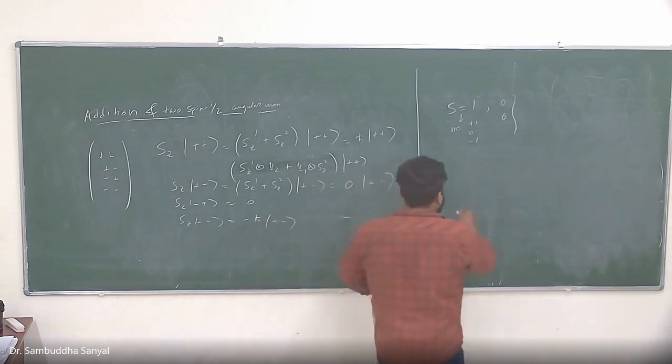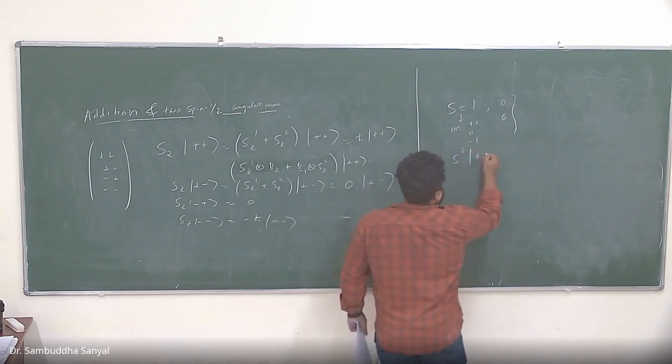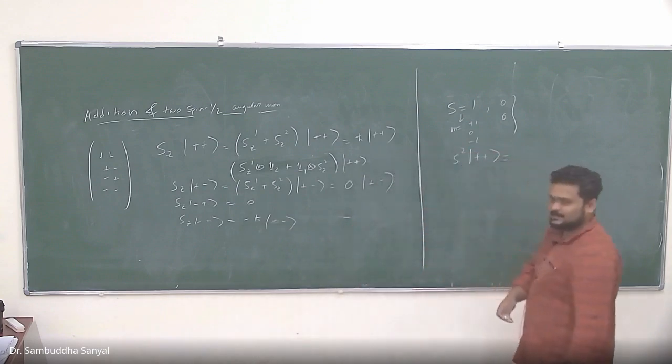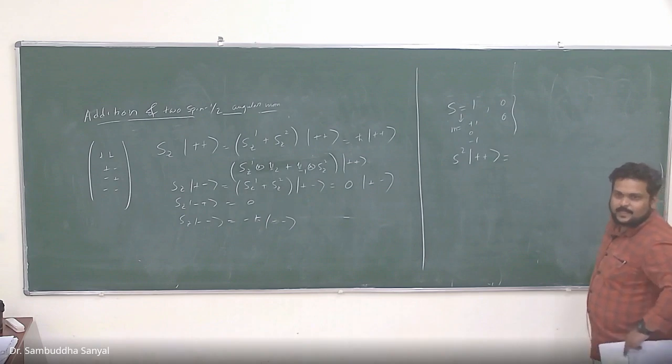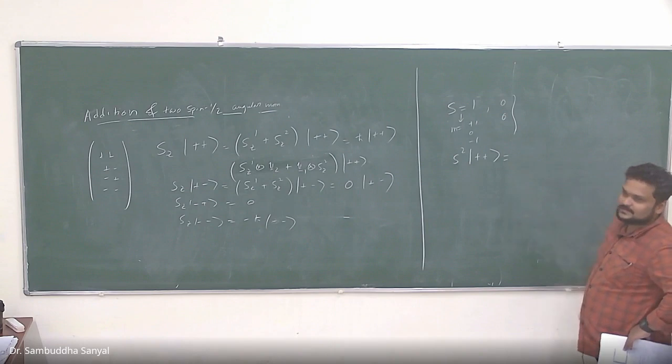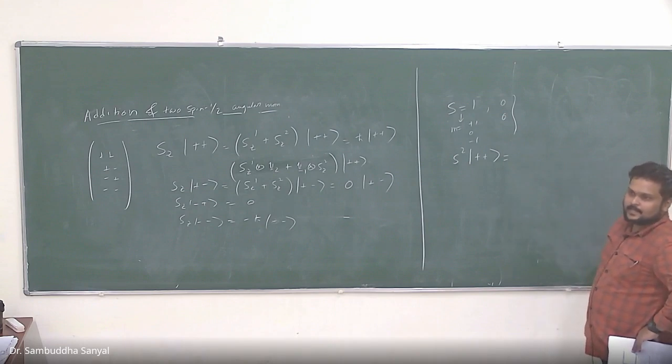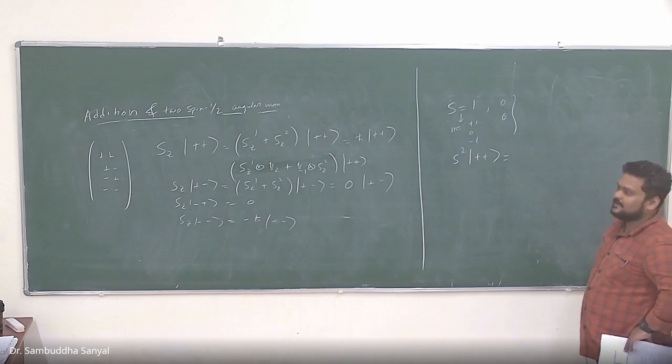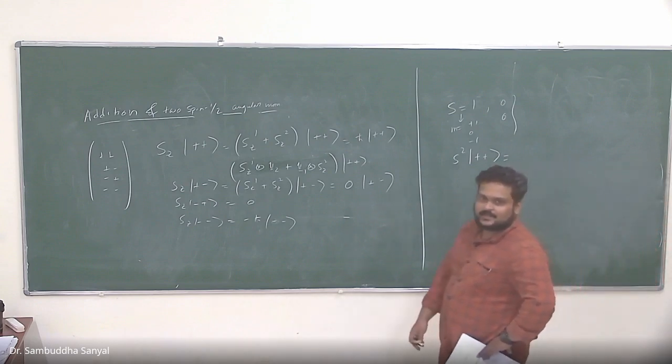Okay, now this S square. How do you determine the action of this? What will be the steps? How do you calculate the action of S square on this? No, that's where probably you are not thinking.